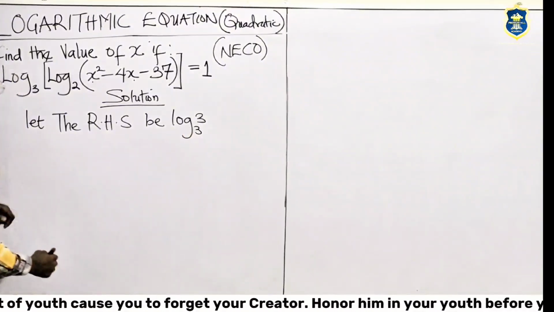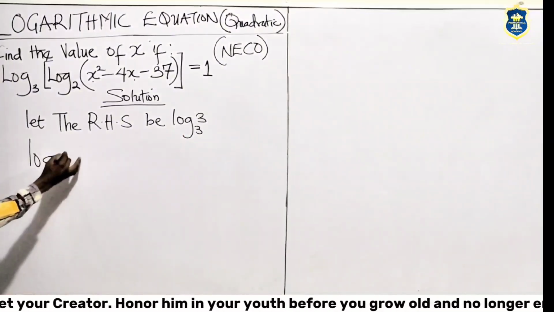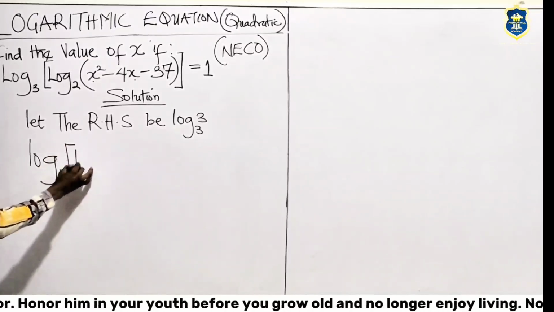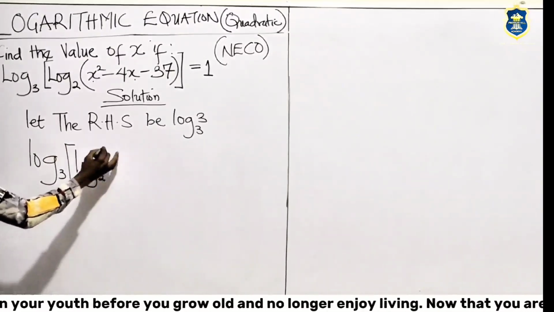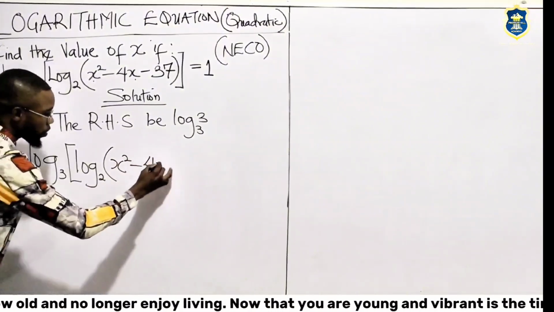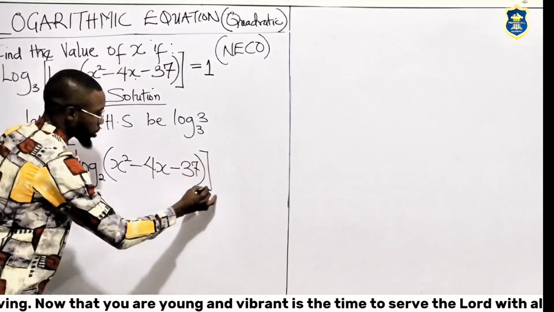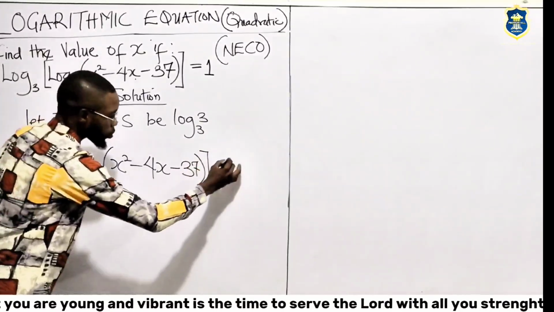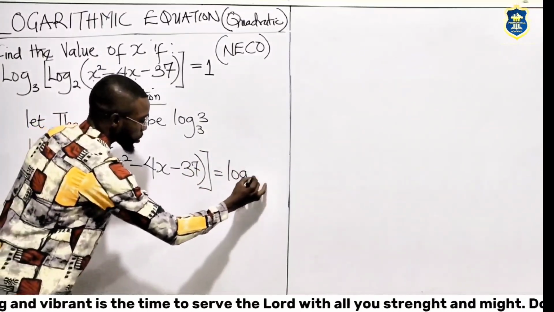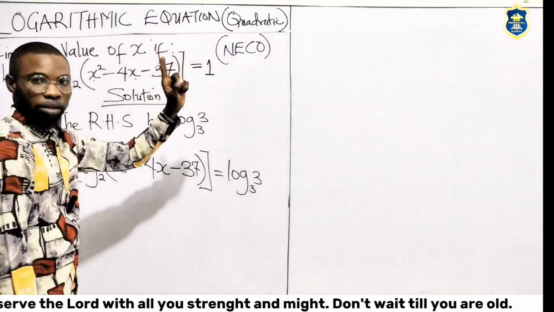In doing that, we're going to have log to the base 3 big bracket log to the base 2 of an open bracket x squared minus 4x minus 37 closing this bracket, because instead of 1 we're going to put log to the base 3 of 3. Why? Because log to its own base is 1, right?